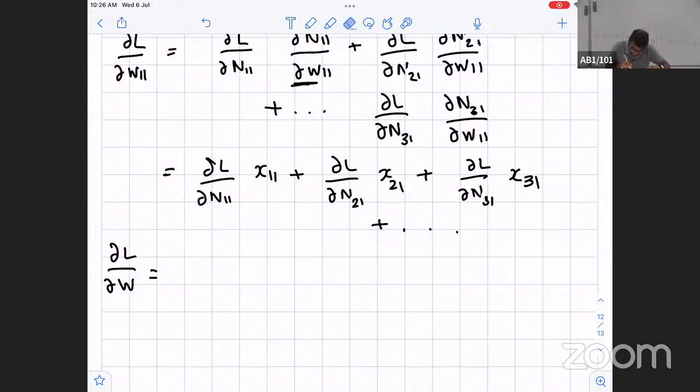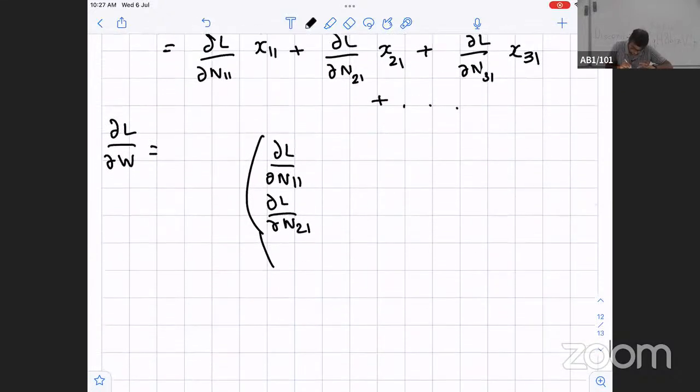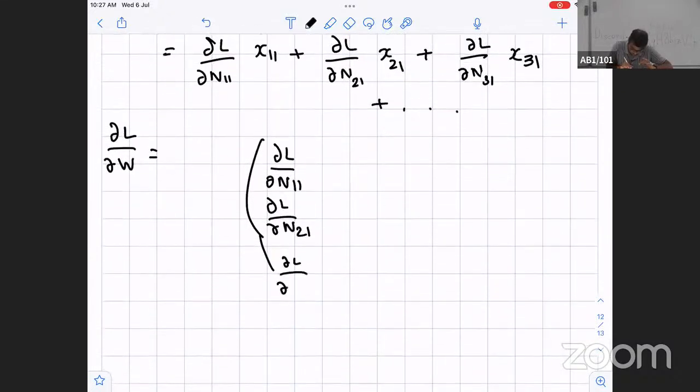Okay. So if I arrange all the dL by dn11, dL by dn12, dL by dn21 like this. Okay, I'll arrange it like this. dL by dn n1, dL by dn12.